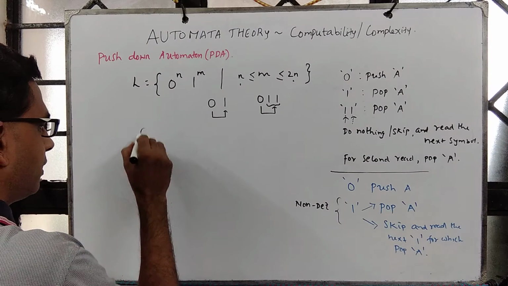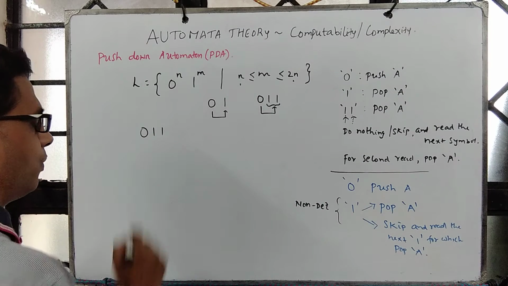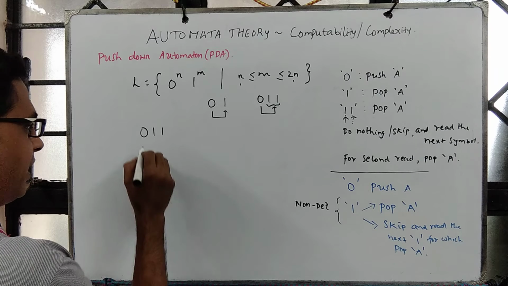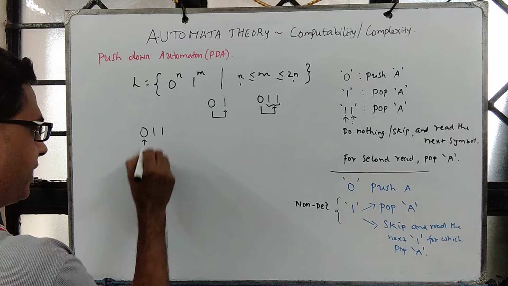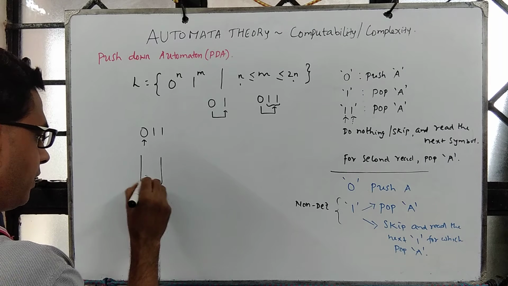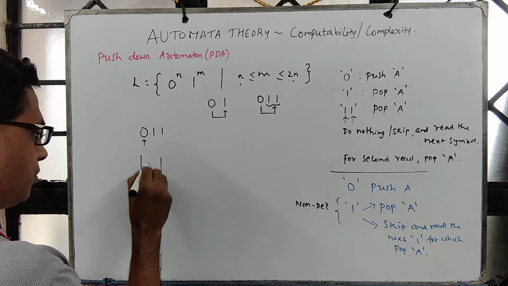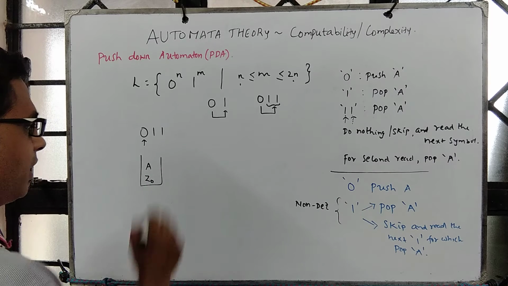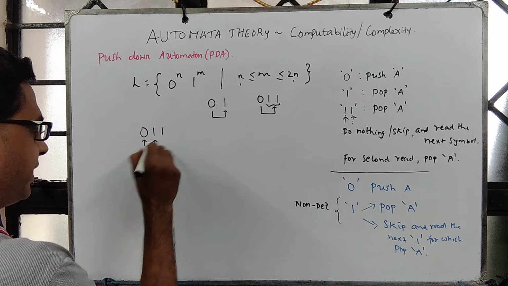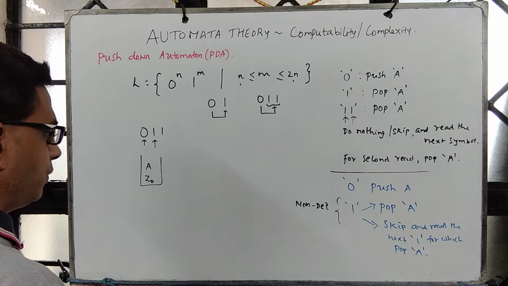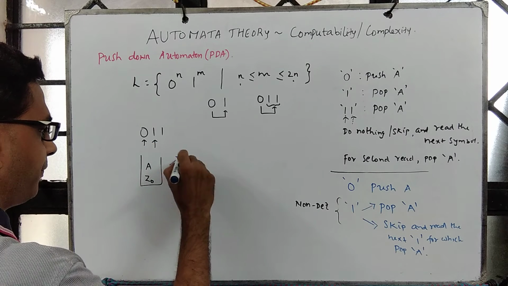For example, you say 0, 1, 1, and at this point the machine reads a 0, push A. Now the machine is reading this 1. Now two configurations are possible.